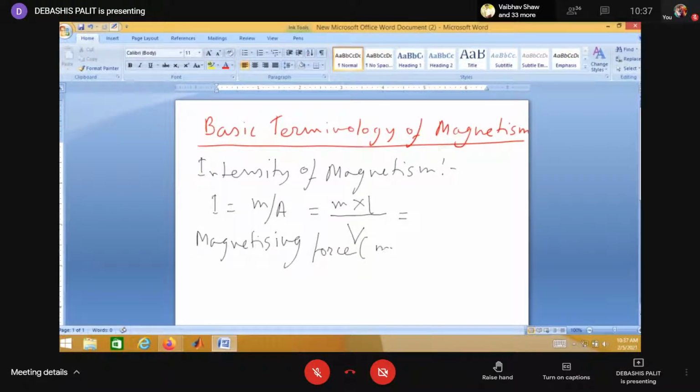That is called MMF. That is analogous to EMF in the electric circuit, in the magnetic circuit. Magnetomotive force, not magnetizing force, that is your magnetomotive force.